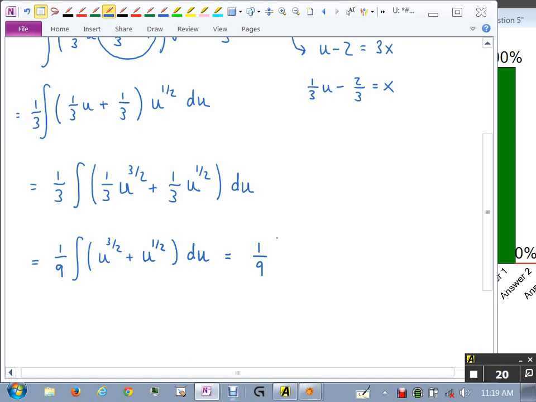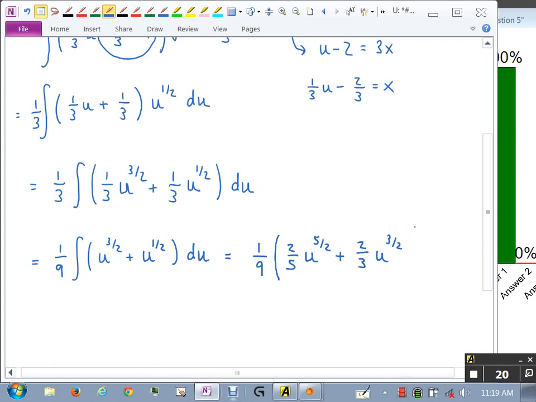I'm going to put a set of parentheses here and give you the antiderivatives. What's the antiderivative of u to the 3 halves? 2/5 u to the 5 halves, and then plus 2/3 u to the 3 halves, plus c, right?